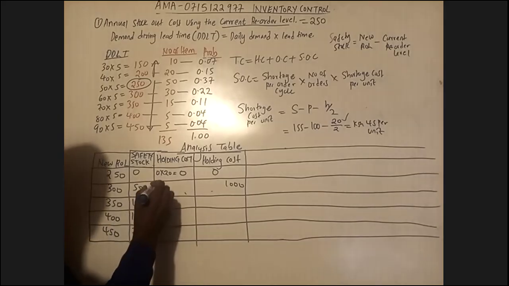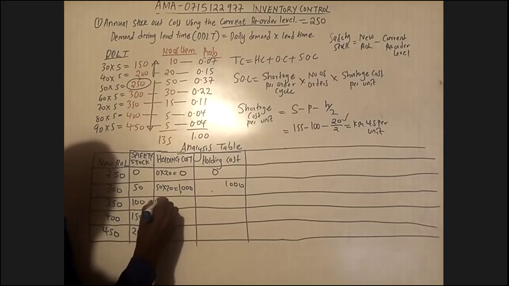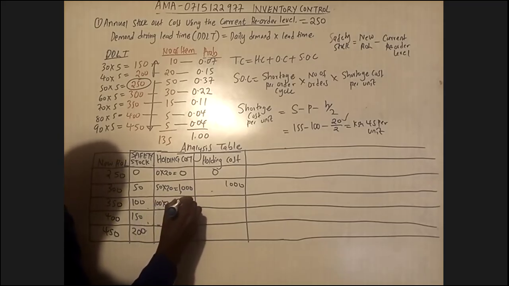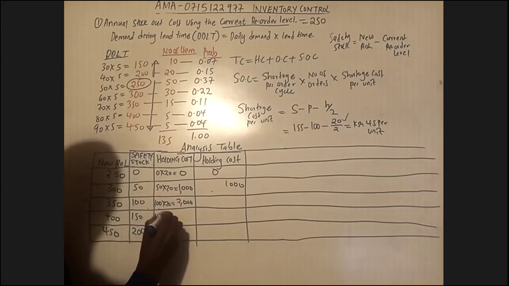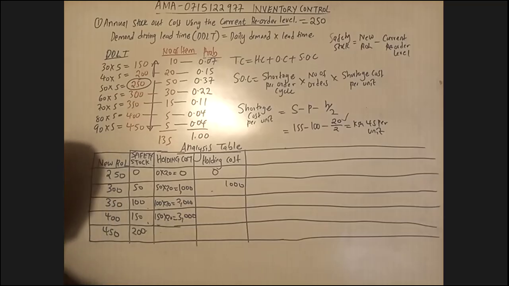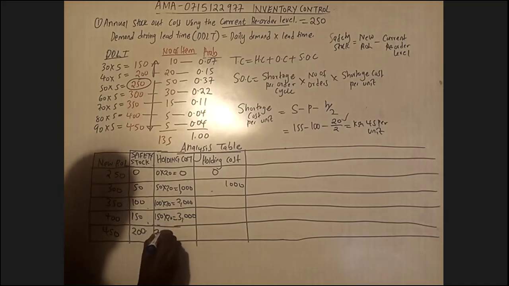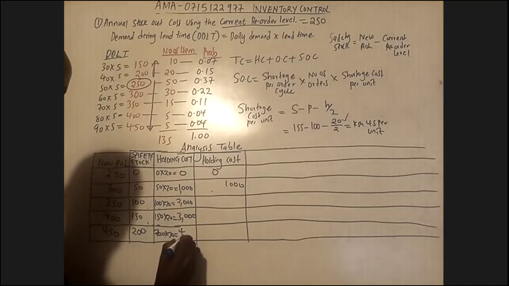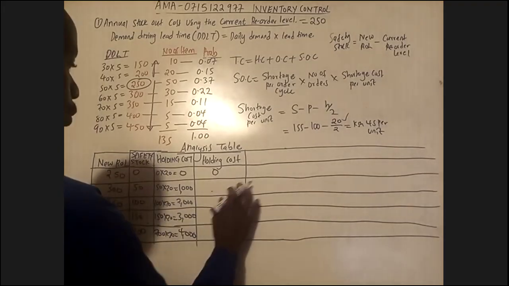Ya pili ni 50 times 20, which is 1000. Ya tatu ni 100 times 20, 2000. Ya nne ni 150 times 20, 3000. 200 times 20, 4000. That's the holding cost.